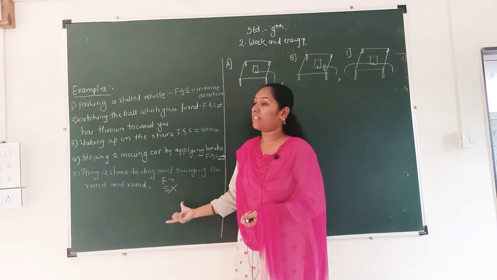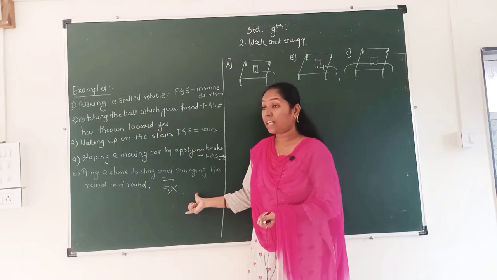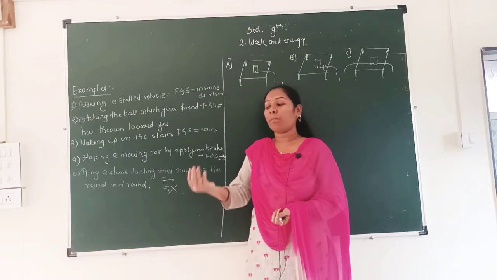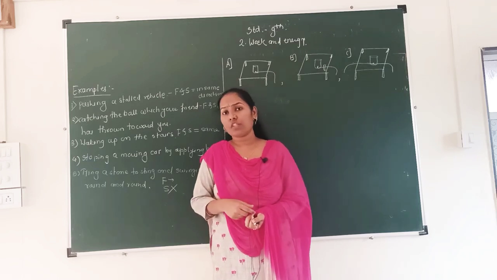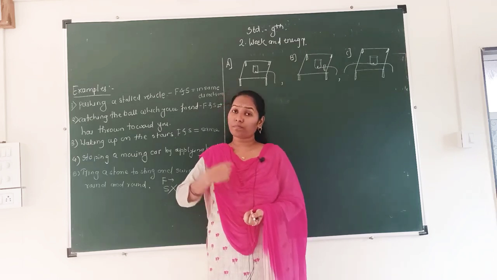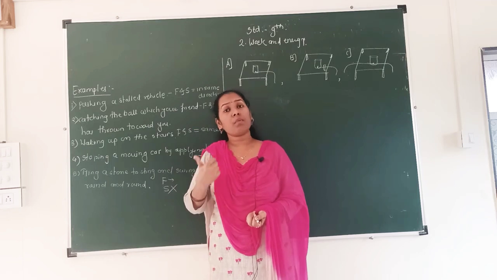If these 3 cases occur, then the work done is said to be positive work, negative work and zero work. In which case do we say the work done is positive work?